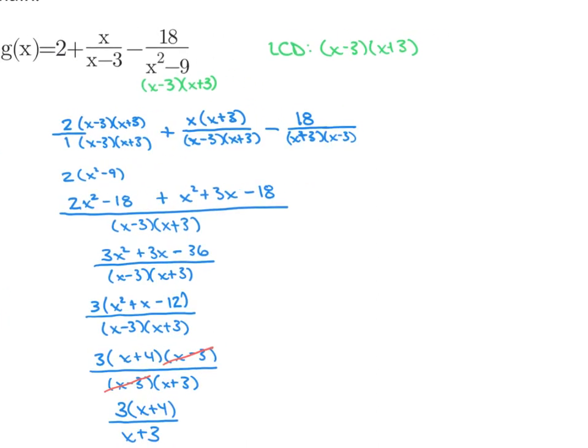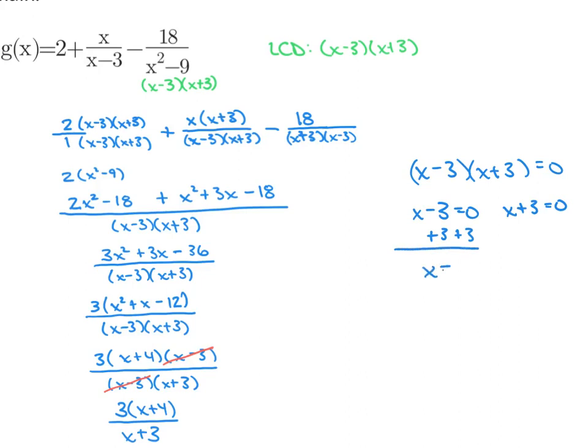I'm going to set my LCD equal to 0. I'm going to set each factor equal to 0 and solve each one of these little equations. So we get x equals 3, and we get x equals negative 3. And so my restrictions on the domain is x is not equal to 3 or negative 3.